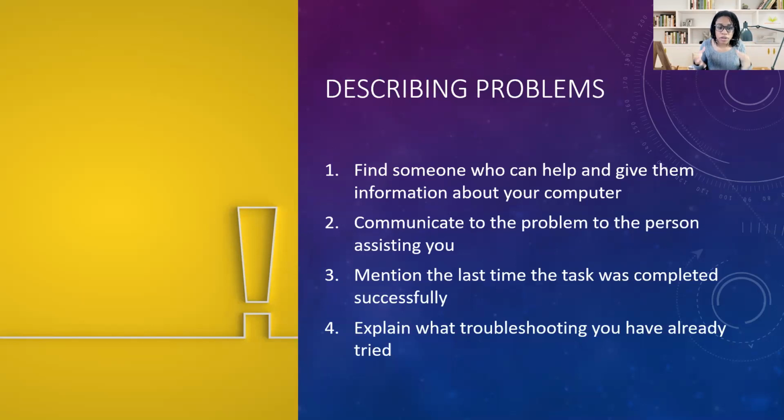You'll also want to explain any steps you already tried to take. They may very well ask you to try it again, especially if you're over the phone with them. But sometimes it'll just work all of a sudden when you do it with them on the phone. I can't tell you the number of times someone has come to me at the library with a problem and been like, oh my gosh, this won't work.